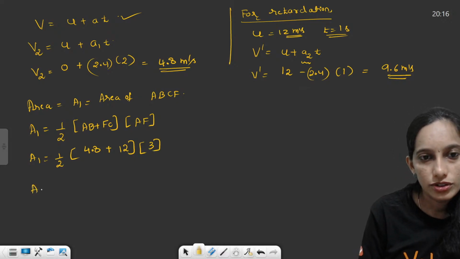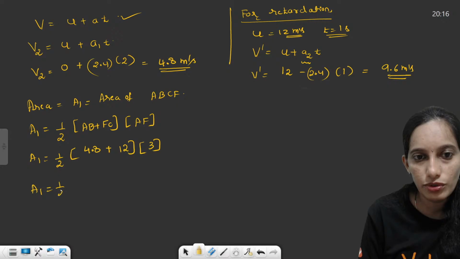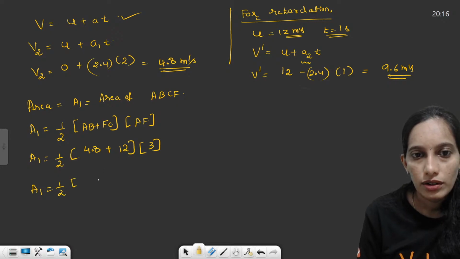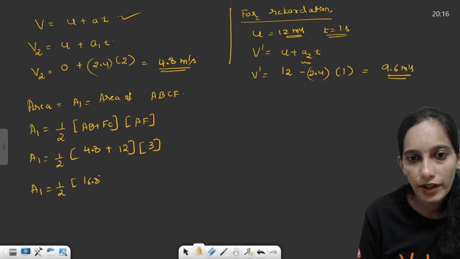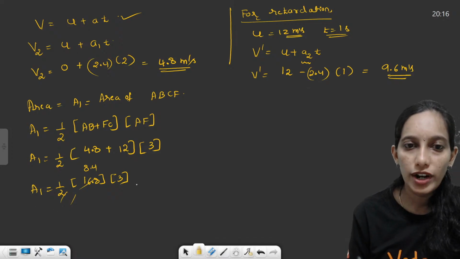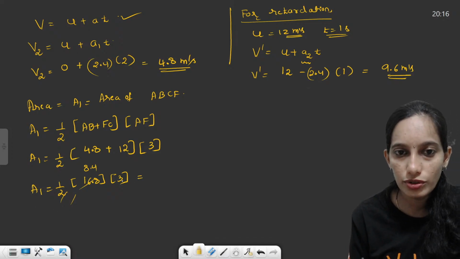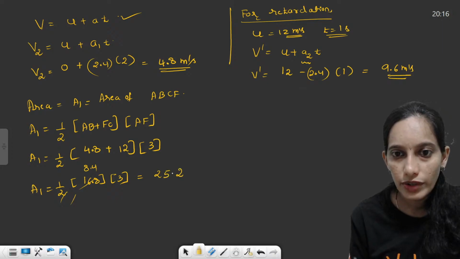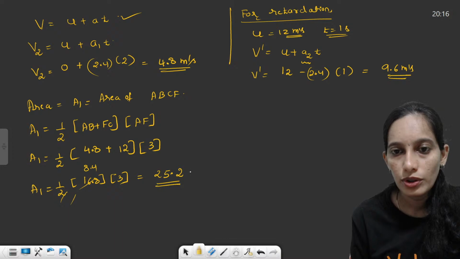So A1 is equal to half into 16.8 into 3, or 8.4 into 3, which gives 25.2 meters.